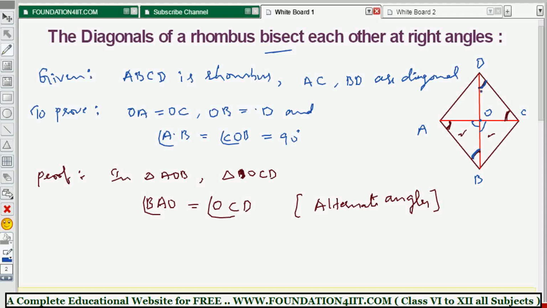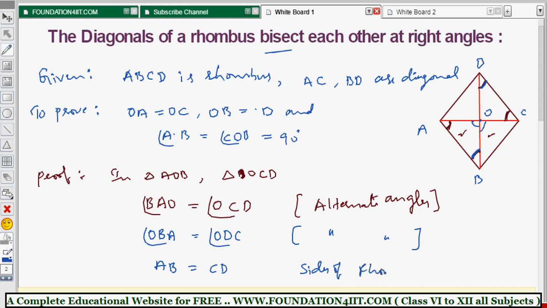So these two angles are equal, which we can denote as OBA equals ODC. These are also alternate angles. And AB is equal to CD because the sides of a rhombus are equal.